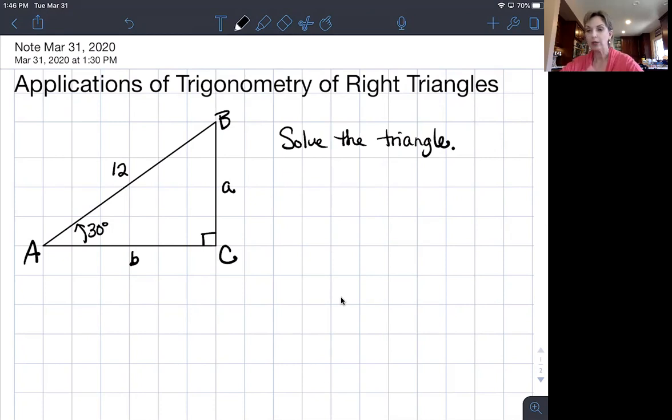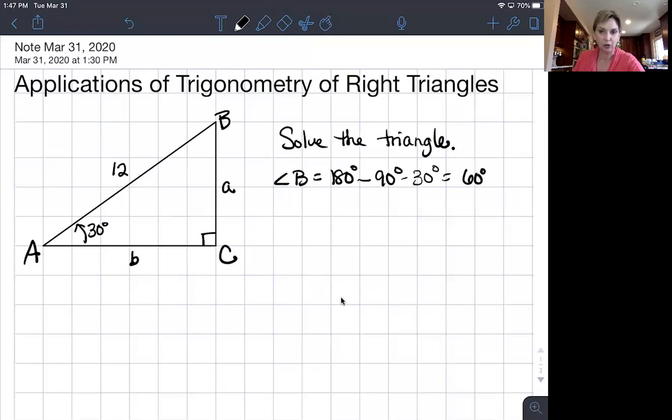One of those things is pretty easy to figure out right off the bat, and that's angle B. We know angle B because a triangle adds up to 180 degrees, and we already know two of the angles. So angle B is just going to be whatever is left over from 180 when I subtract the other two angles. 180 minus 120 degrees, the leftover is 60 degrees.